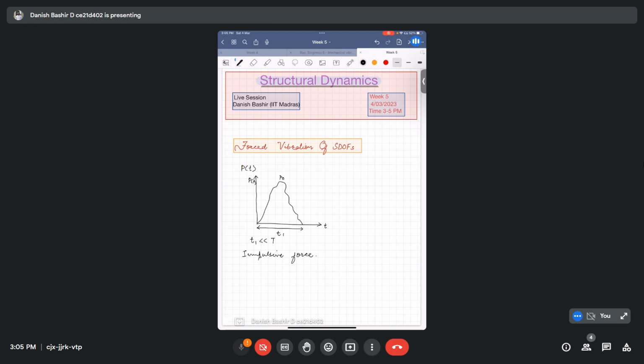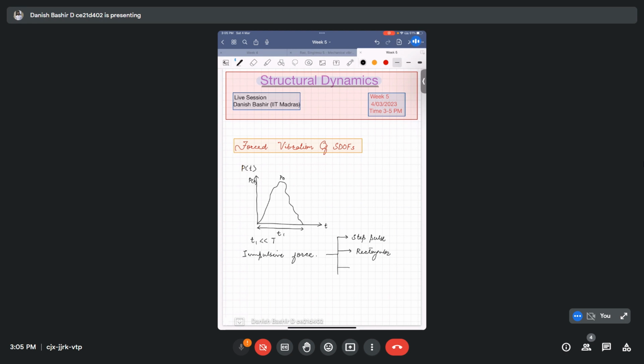So, impulsive forces: in this week five module, you will be looking at these impulsive forces. For example, we have some common and standard impulsive forces, like one will be the step pulse, and one more commonly studied impulsive force is the rectangular pulse.